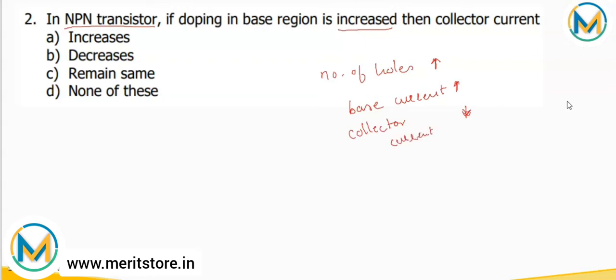So, if doping in base region is increased, then collector current will decrease. So, correct answer among the given option is option B, that it is going to decrease.